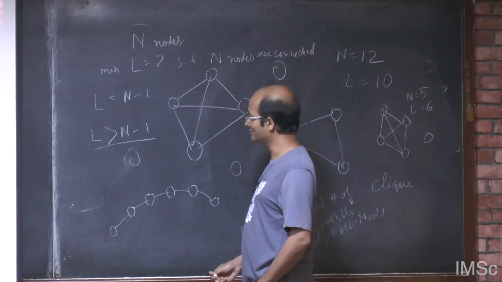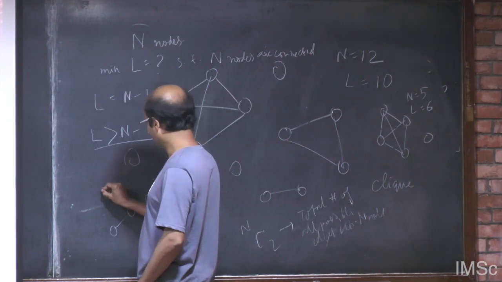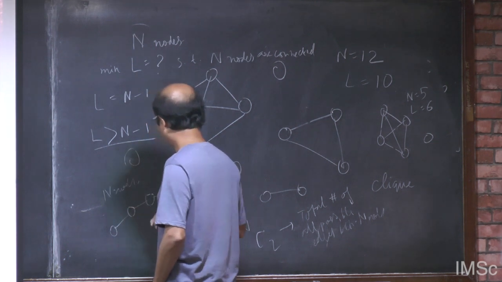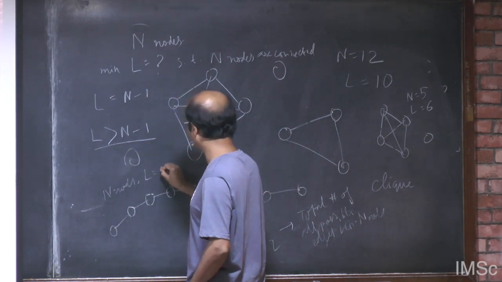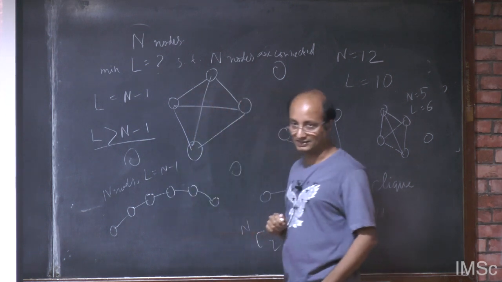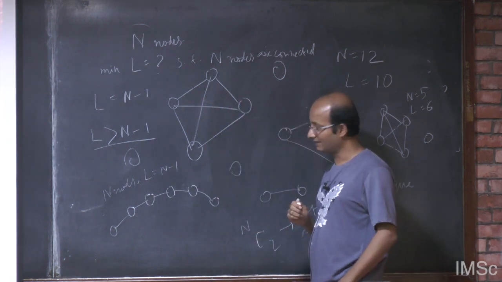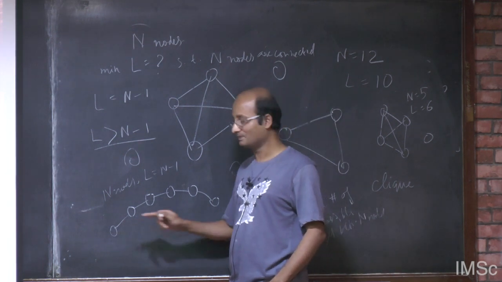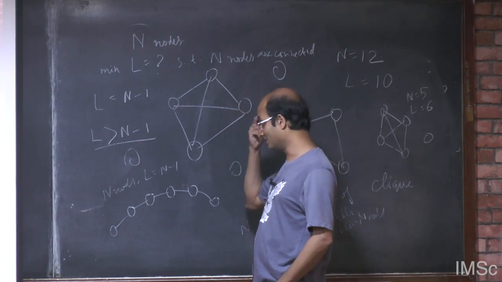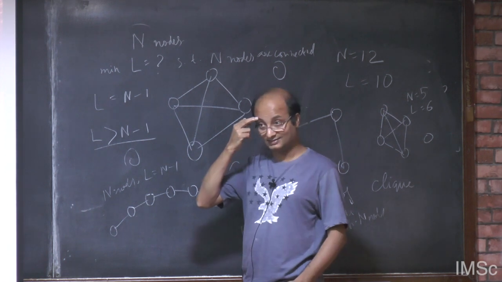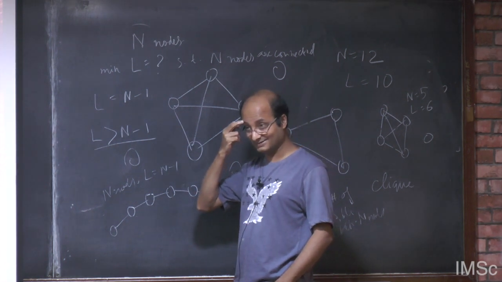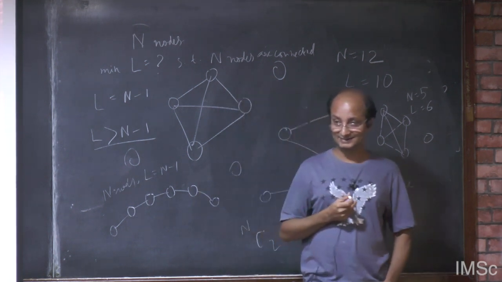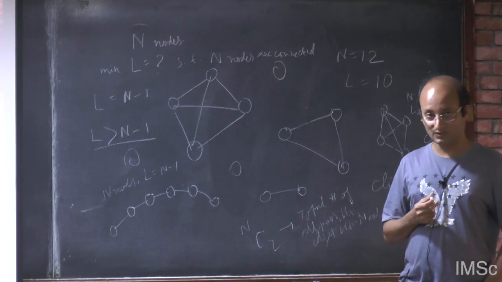So, suppose you are told that you have n nodes and you have L equal to n minus 1 edges. You would construct this, let's say, and what is the average degree of this graph? Can you estimate? Okay, so what was degree?